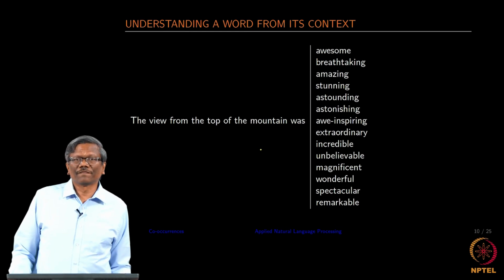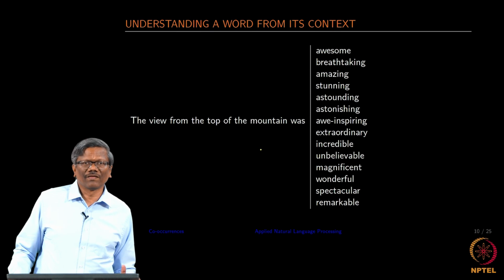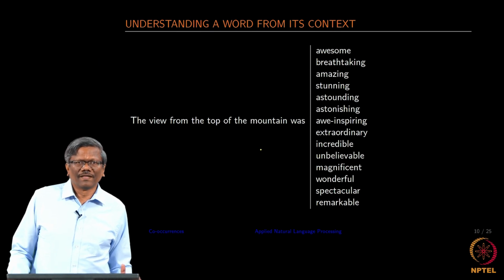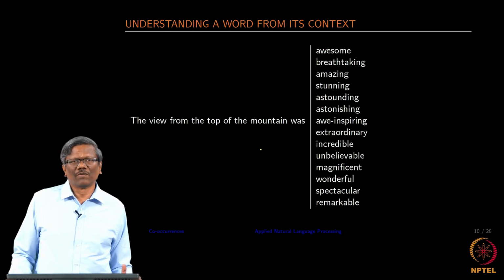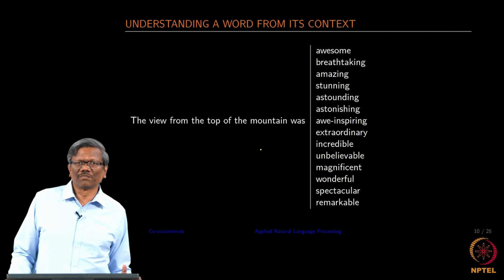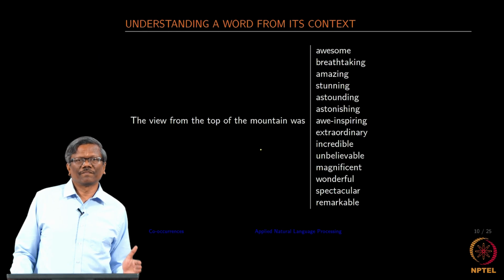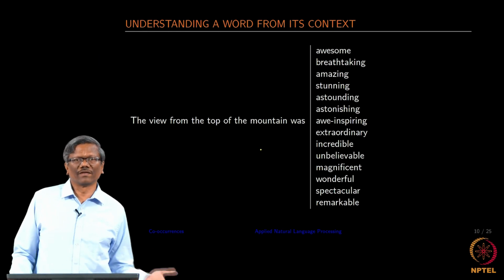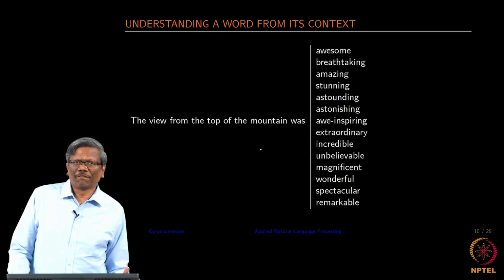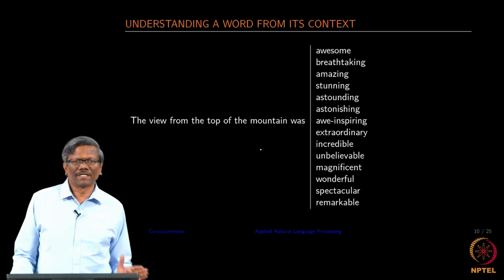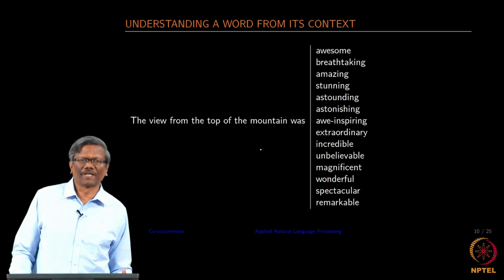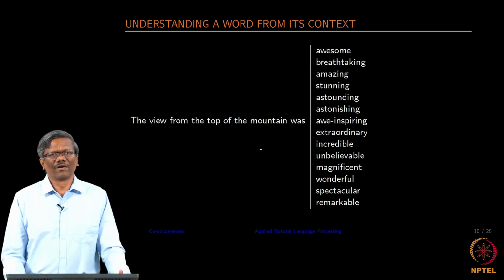So, suppose we had received a corpus that talks about the mountain, the valleys, the views from the top, the view of the valley from the top and so on, and if that corpus was written by so many other authors, you will find somewhat similar occurrences of this particular sentence by every author, right.